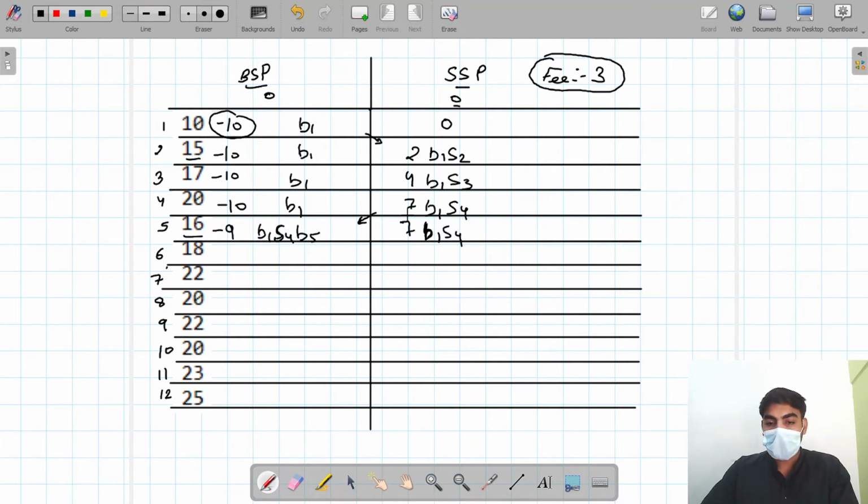Okay, or here you can see if we sell today, we get a profit of 3 rupees. In the older one we have a profit of 7 rupees. So we have to find the maximum profit. So we take 7 here instead of 3. Okay, let's see at that point.